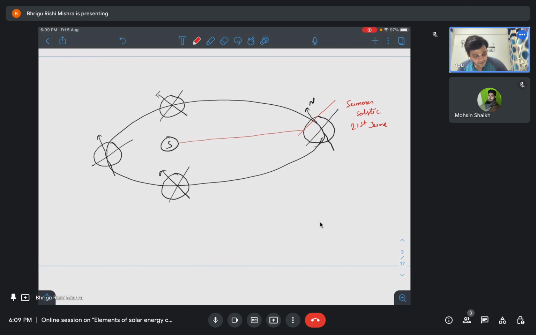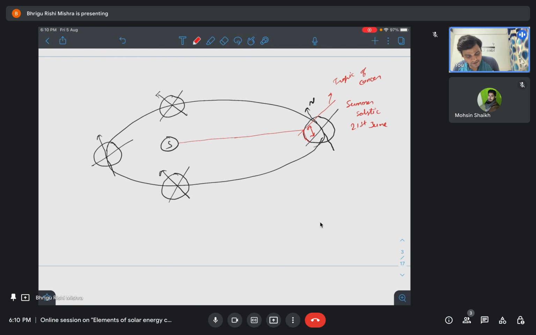This line is called the Tropic of Cancer, and beyond this line Sun rays will never be perpendicular to the Earth's surface. This is the limit till which the Sun can be overhead to any point in this region. This is the maximum distance toward the north till when the Sun will be overhead, or Sun rays are perpendicular to the Earth's surface.